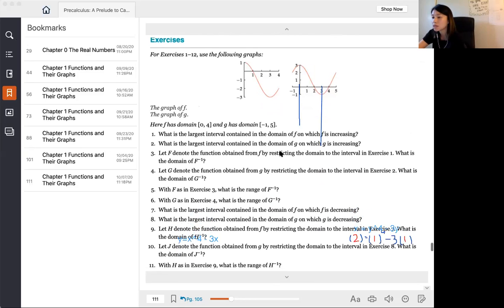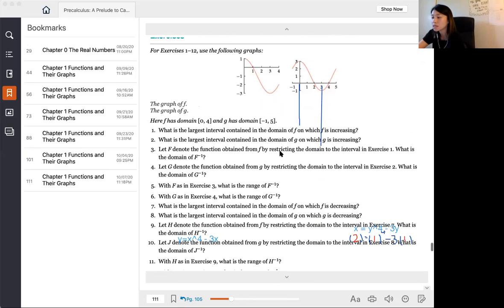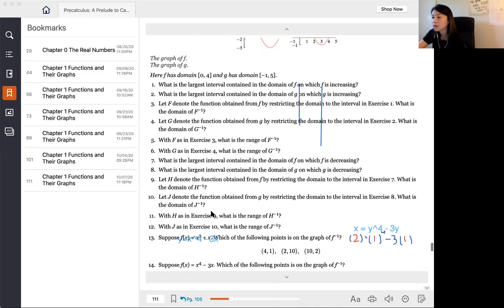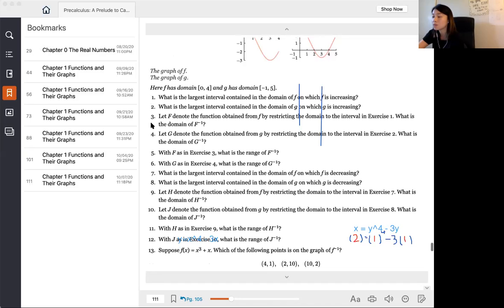What does number 10 mean? Number 10 is asking you kind of like what we did for number 3. It's asking for the domain of the inverse. That means we're looking for the range of the interval that you're looking at. Okay, does anyone in here need help for number 8?